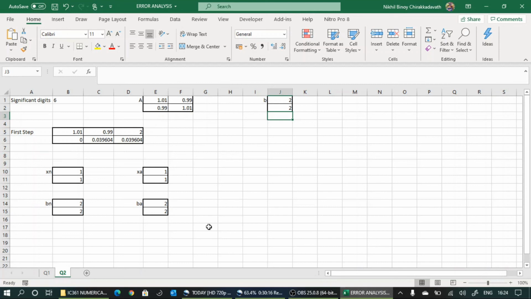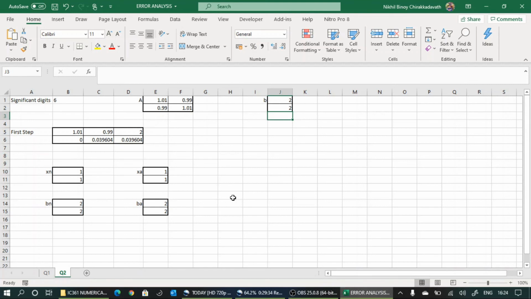Please note, norm of A into norm of A inverse is known as the condition number. What is the importance of this number? If this condition number, the Euclidean norm of A into the Euclidean norm of A inverse, that product, is very large, that is an indication of an ill-conditioned system.